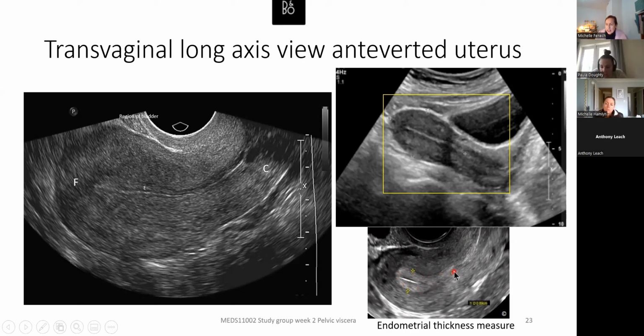There are two layers of the endometrium because the endometrium lines the cavity. Another hard concept to get. If there was a baby in here, you would see these two layers of endometrium separated, and the gestational sac would be situated right where my dot is, in the cavity between those layers.